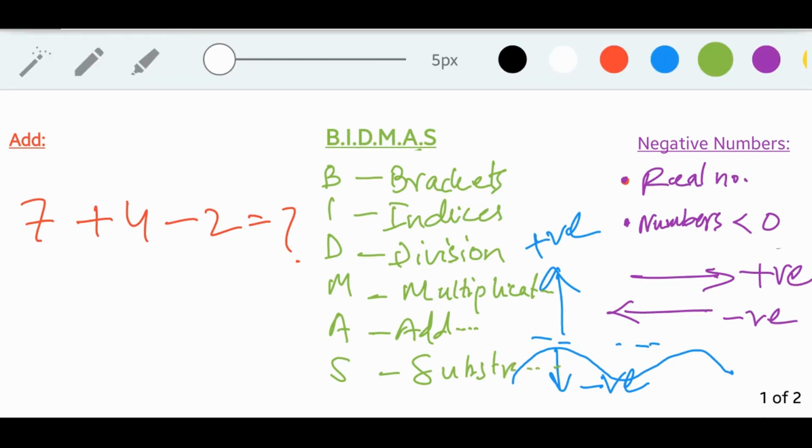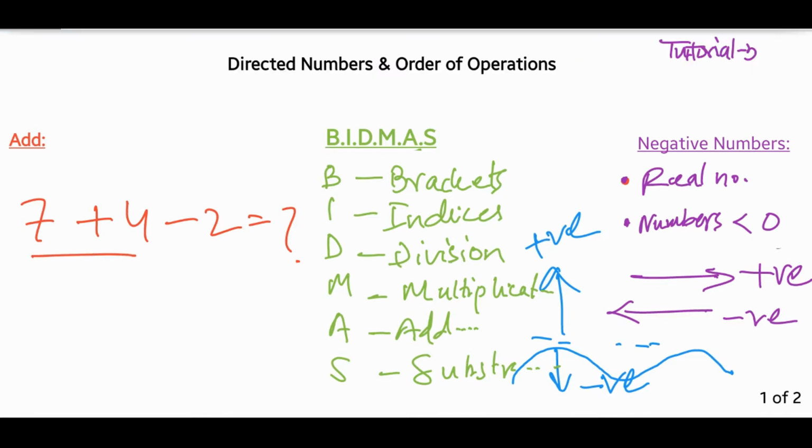In this case, 7 plus 4 minus 2, we do the addition first according to this rule. 7 plus 4 gives 11, and then minus 2 gives 9.